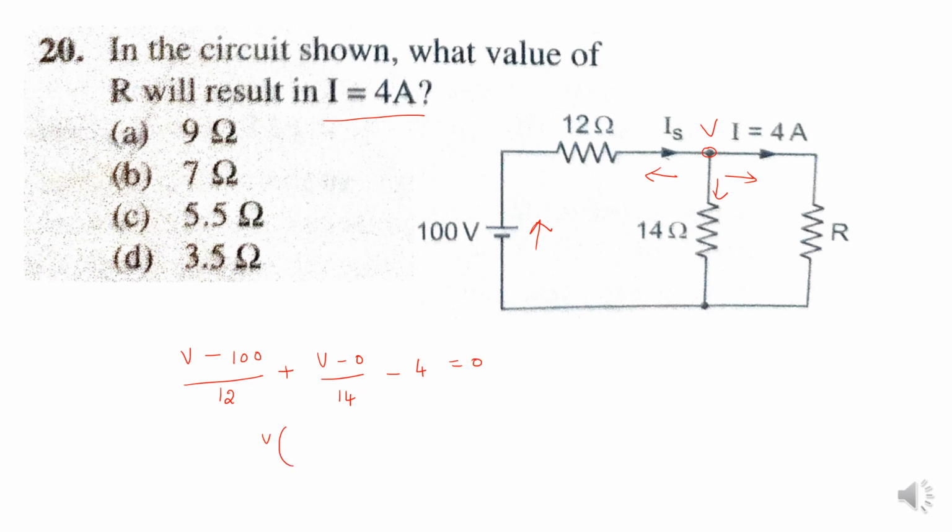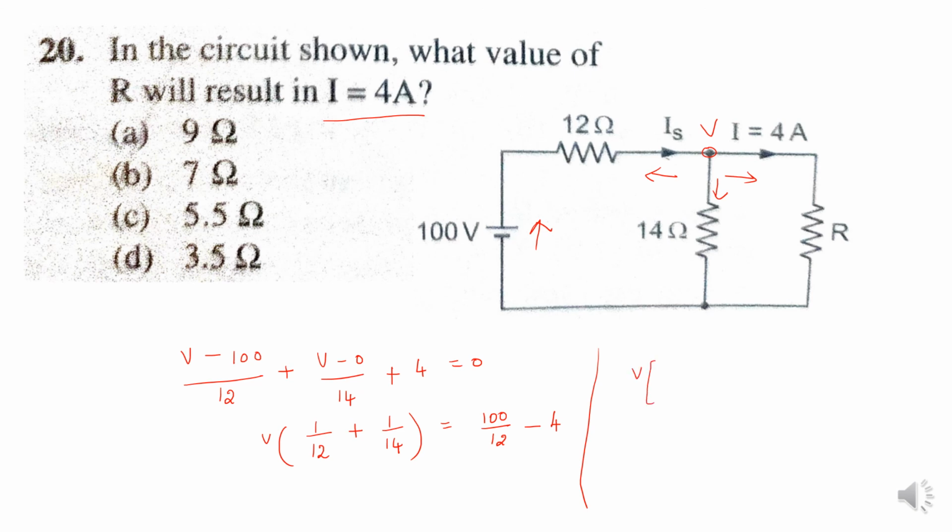So take V separately. V into 1 by 12 plus 1 by 14 is equal to 100 by 12 minus 4. Next, the LCM is 12 into 14.